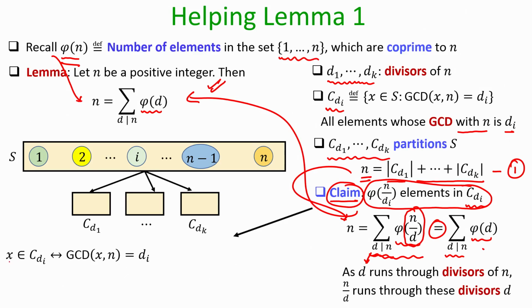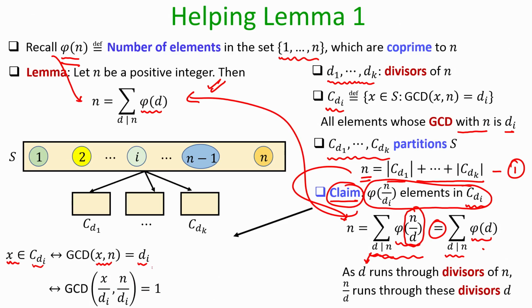So, for that let us analyze the property of each of the elements in the ith bucket. An element x will be present in the bucket C sub di if and only if the GCD of that number x and n is di, that is the definition of the ith bucket, right. But if the GCD of x and n is di, then that is possible if and only if the GCD of x over di and n over di is 1, very simple, right.